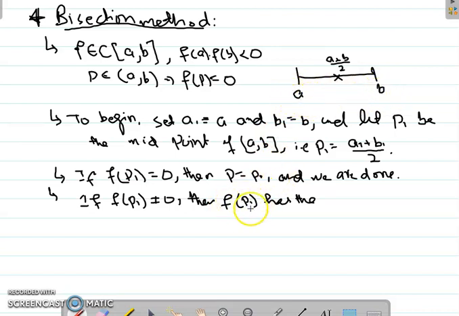So we will check what the required condition is. Then f of p1 has the same sign as either f of a1 or f of b1.